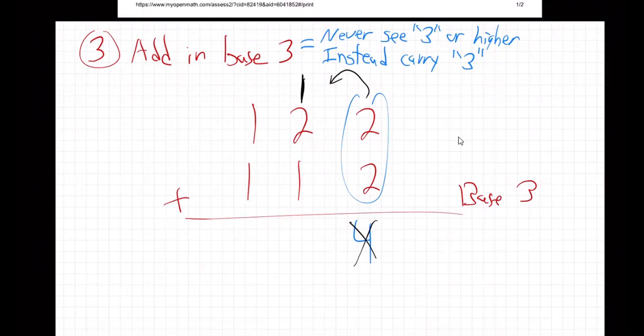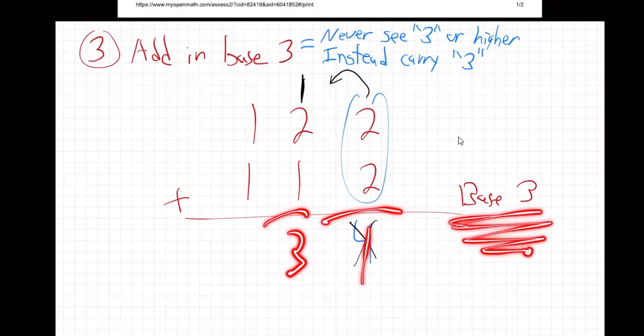But when I carry 1 to the next column, that's what we do in our system as well. Realize, though, that you carried 3 actually, didn't you? Because remember the place values in base 3, that's the 1's place and the 3's place.